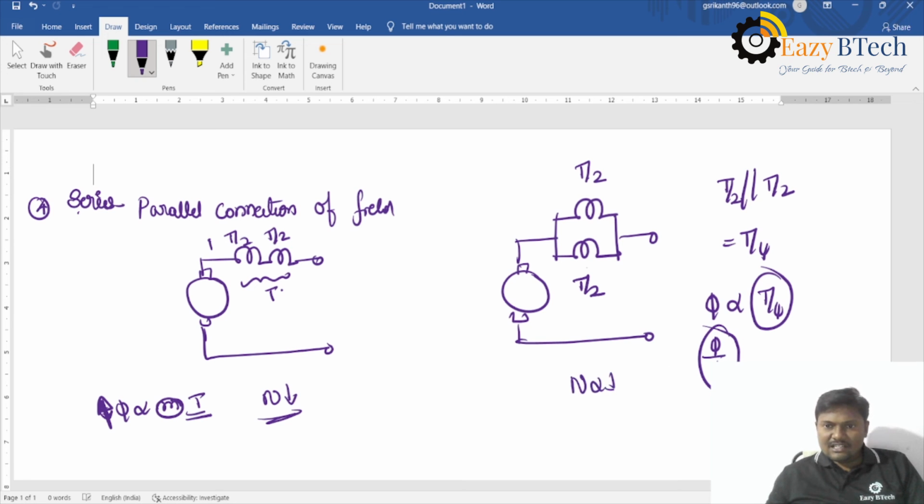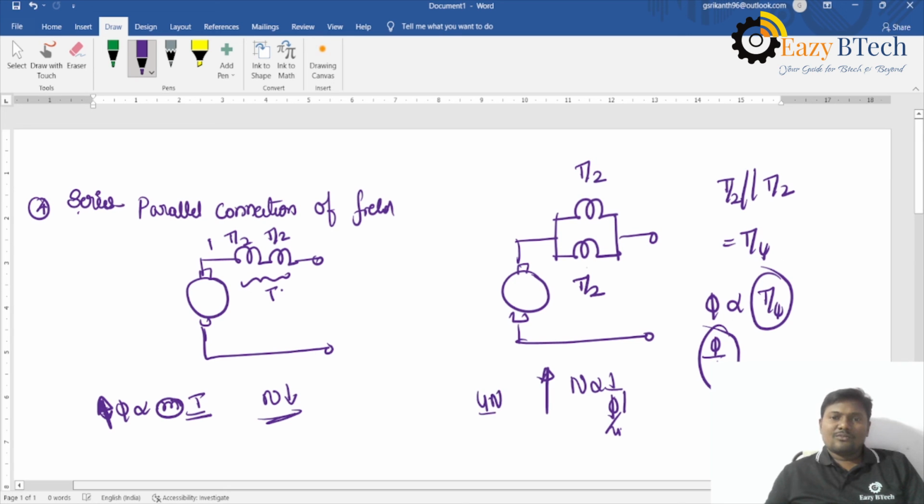Speed is inversely proportional to flux, so the speed will be 4 times. This method is called the series parallel connection of field. Thank you, students.